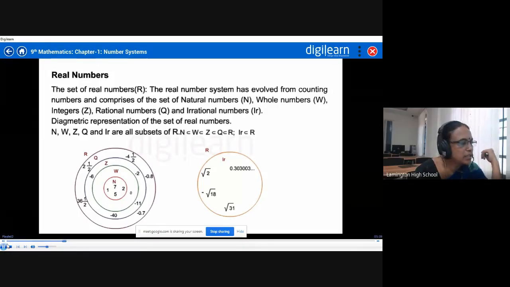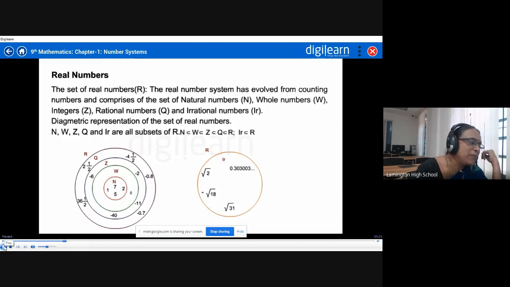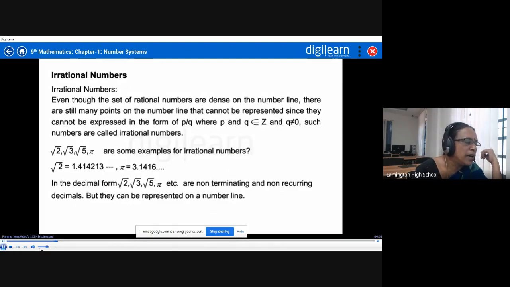Teacher, what is the difference between rational and irrational? Rational numbers can be expressed in the form of p by q. Followed or not? That is the question I wanted. Listen here, I will go back. Rational numbers can be represented in the form of p by q, but irrational numbers cannot be expressed in the form of p by q.